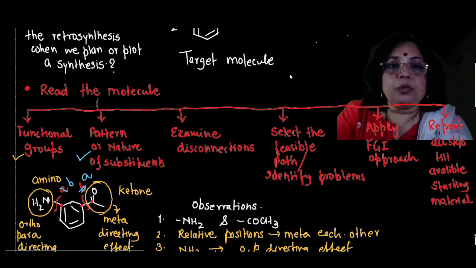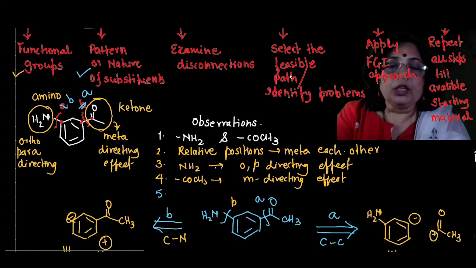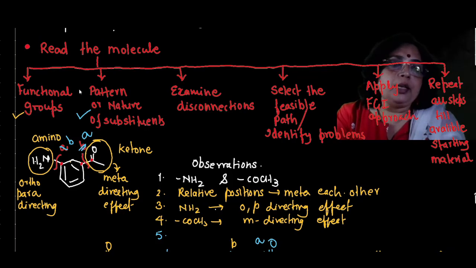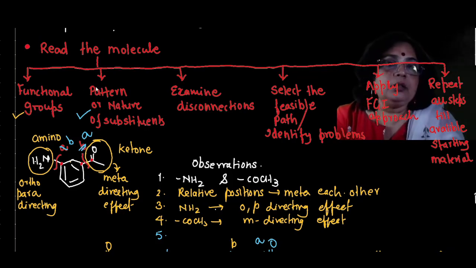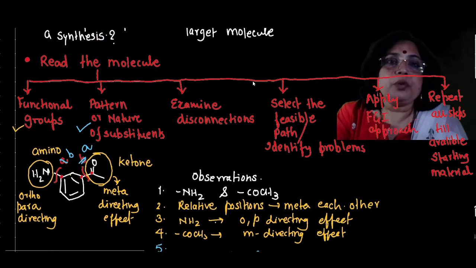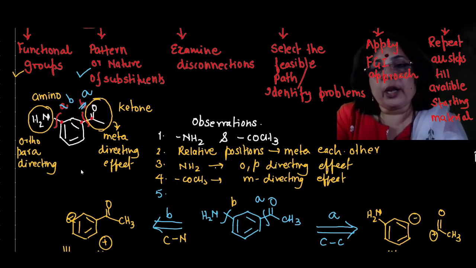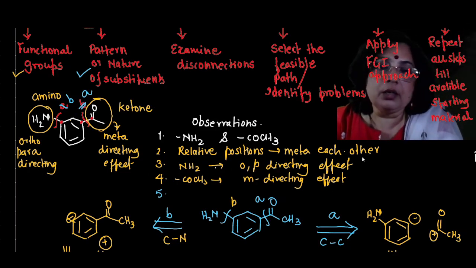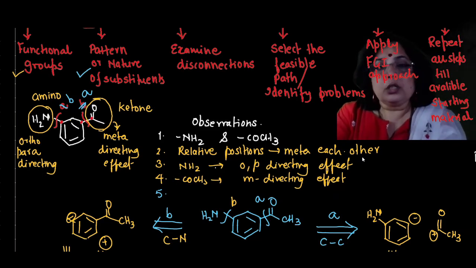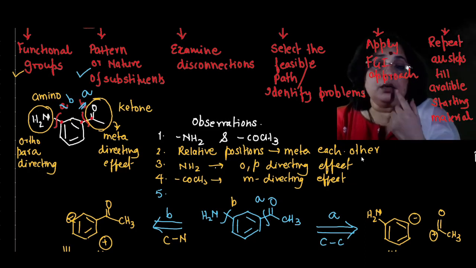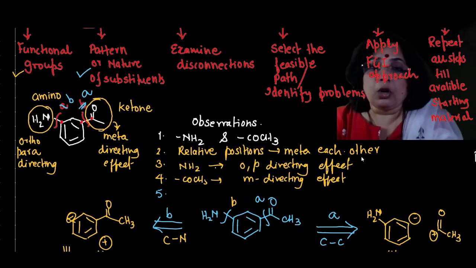After completing this point, we move towards the pattern or nature of the substituents, where we found that the NH2 group exerts an ortho-para-directing effect, whereas the COCH3 exerts a meta-directing effect. This is very valuable and the most important information, which decides whether the disconnection approach goes in the right direction or not.